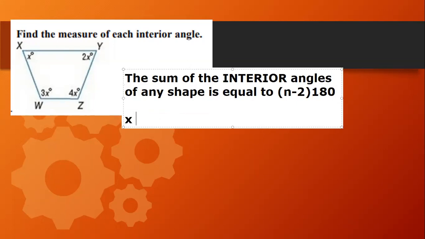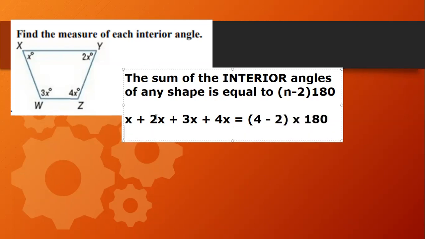So it will be x plus 2x plus 3x plus 4x is equal to, the n represents how many angles we have. How many angles do we have? We have 4. So it's going to be 4 minus 2 multiplied by 180 degrees.